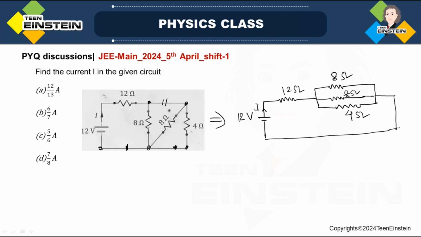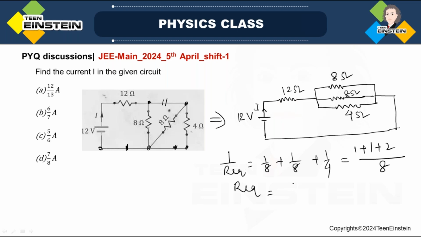I have to find this one first. So 1 by R equivalent is equal to 1 over 8 plus 1 over 8 plus 1 over 4. So here I'll get 1 plus 2 divided by 8, so R equivalent will be 8 by 4, that is 2. So I get equivalent resistance 2 ohm.